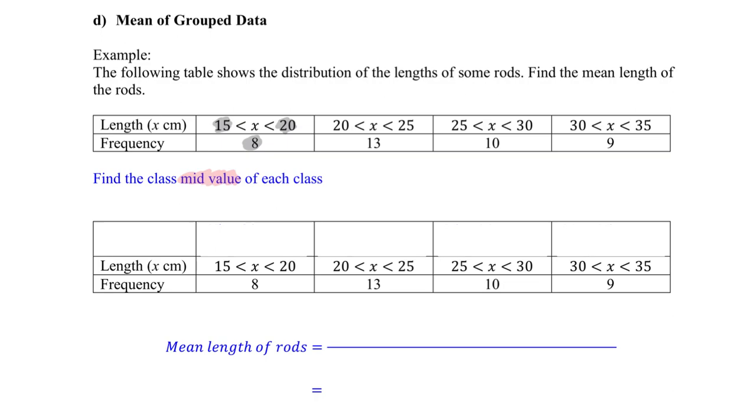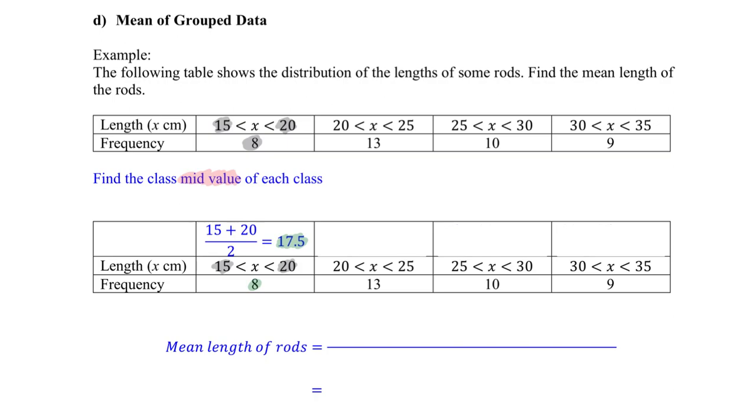So right here, I would have my 15 and 20. If we were to find the middle value, then it will be 15 plus 20 divided by 2. So that will be my first value. For this 8, it will be 17.5.